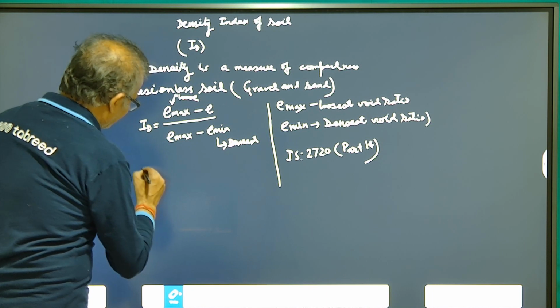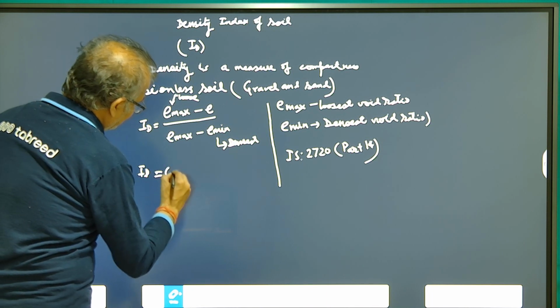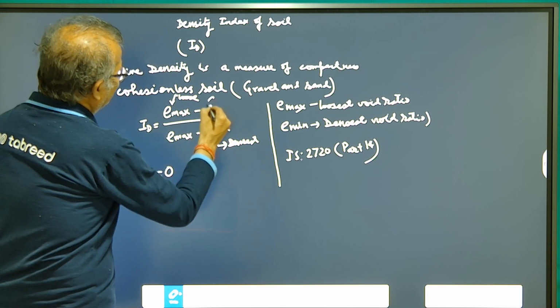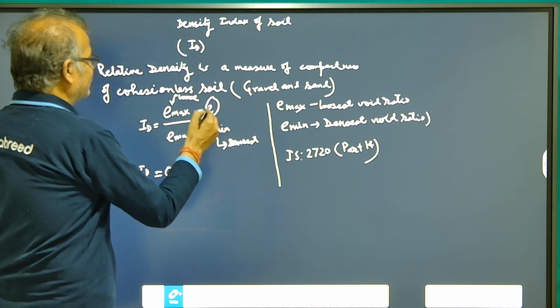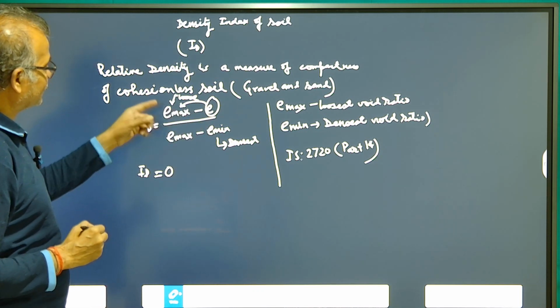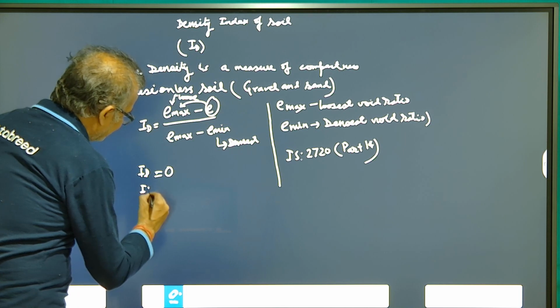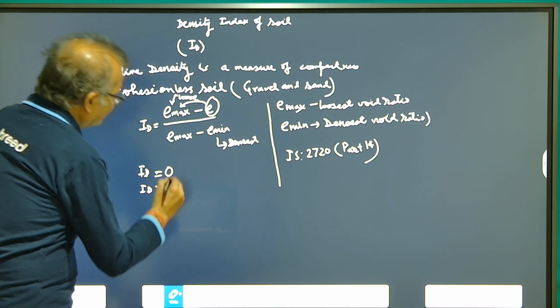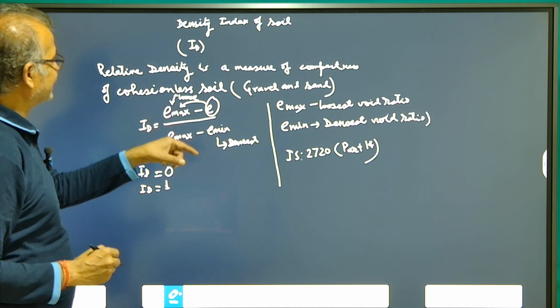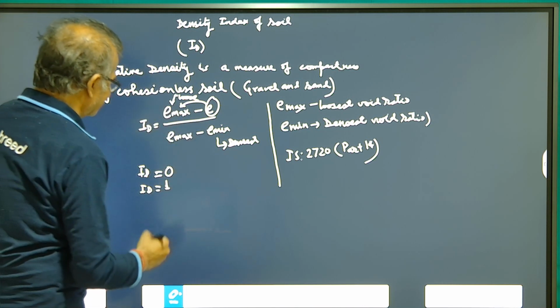Now the value of ID will be 0 when natural soil also has a void ratio equal to the maximum void ratio in the loosest state, and ID will be 1 when the void ratio existing in nature is minimum, meaning the soil is in densest state.